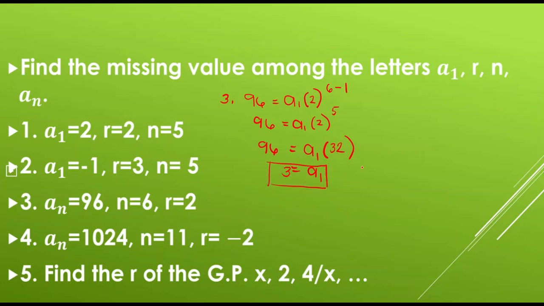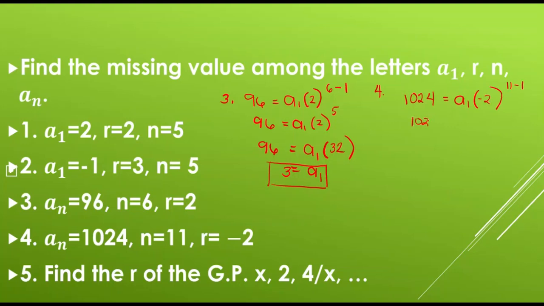Okay? Next, let's have number 4. For number 4, your last term is 1024, and that is actually the 11th term. Your common ratio is negative 2. So 1024 is equal to a sub 1, where r is negative 2, raised to 11 minus 1.